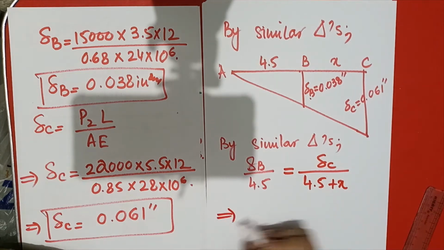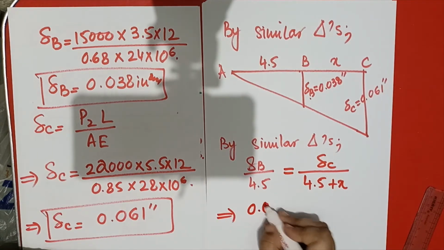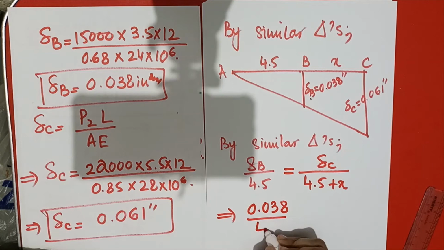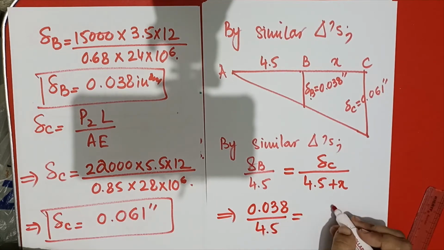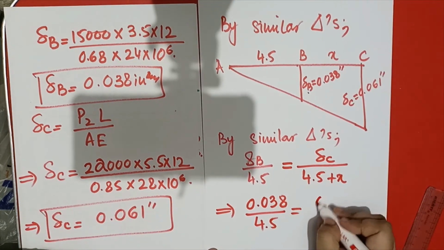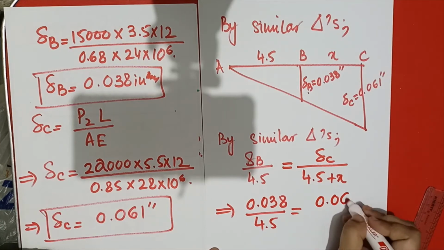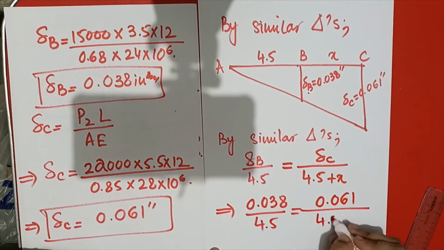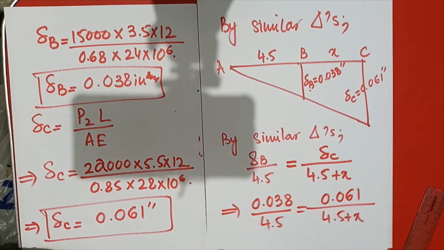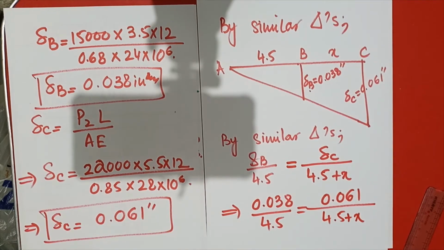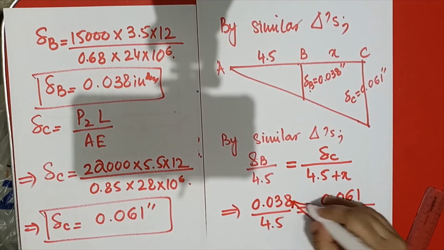So Delta B value 0.038 divided by 4.5 equals Delta C's value, 0.061 upon 4.5 plus x. We have to do cross multiplication.